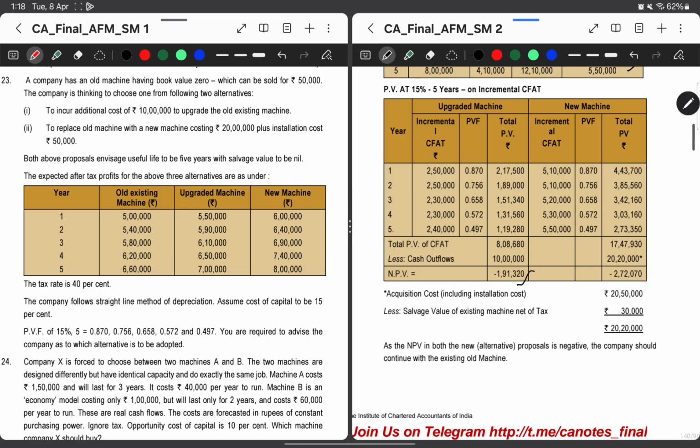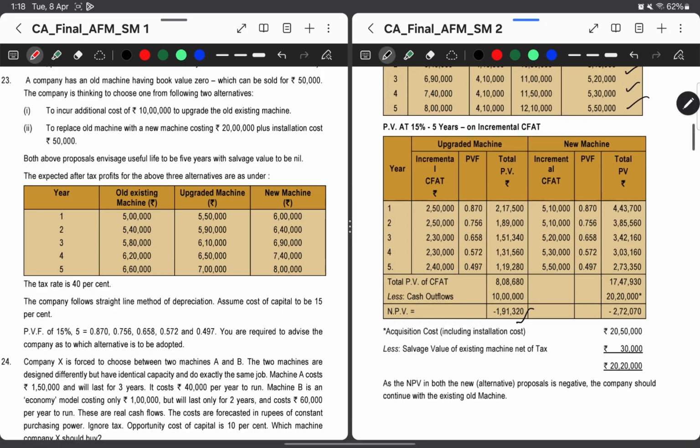Since the NPV in case of upgradation is negative 1,91,000, and in case of new machinery is negative 2,72,000, in both cases it is negative. We should not check which is least, because the main point of going for an upgrade or a new machinery is that the old machinery became old, and we have to check whether we can replace it or upgrade it.